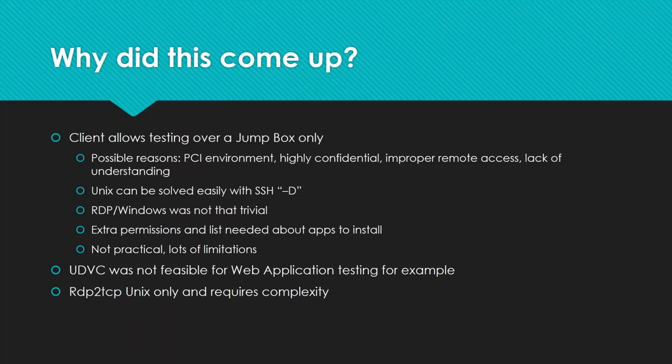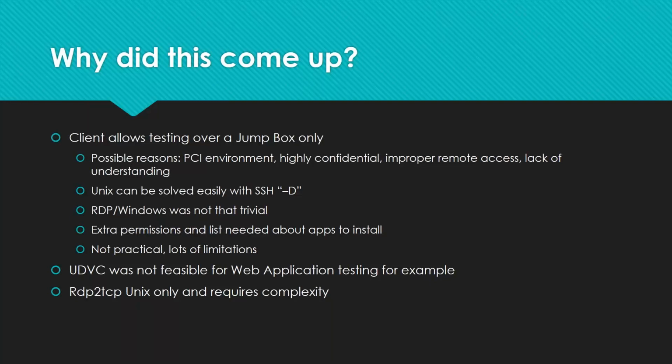When it's a Unix jump box, usually there is SSH, so we can easily use the SSH -D parameter and just create a SOCKS proxy with that. It's quite trivial and easy to do. But the same functionality wasn't present in Windows, and still isn't. So we had to figure out something to do tests over Windows jump boxes.